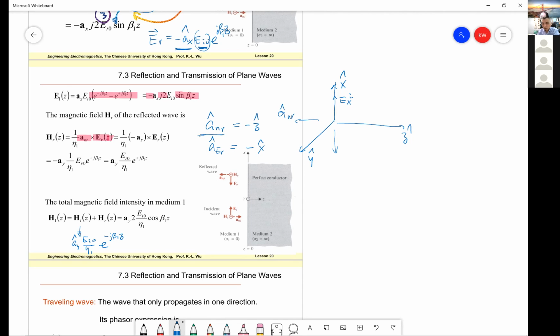Then the reflected wave magnetic field is also in the Y direction, with its magnitude divided by the same thing. So this is the total field for the magnetic field.